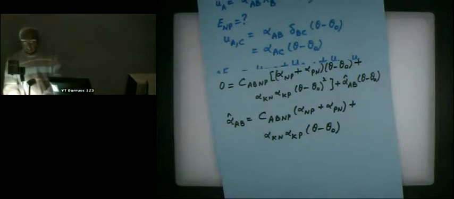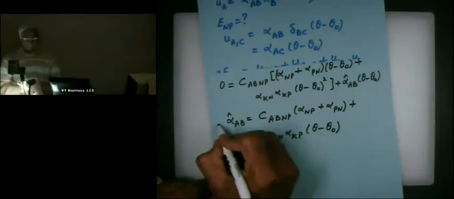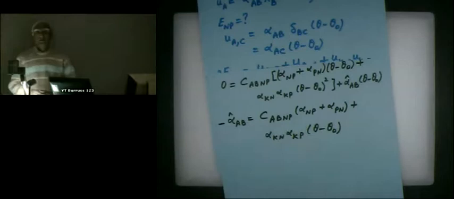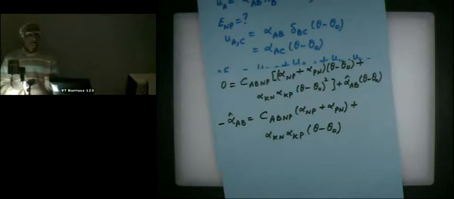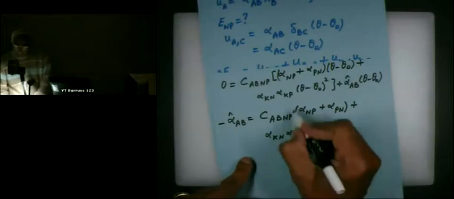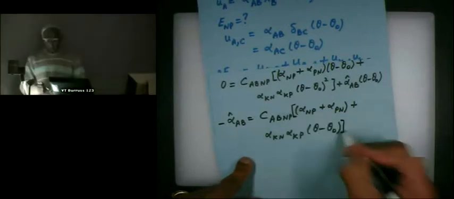Oh, minus sign. It's a minus sign, right? I think you said bracket. Shouldn't all of that be multiplied by C_AB? Oh, yes, you are right. All of that should be multiplied by C_AB. Yes, thanks.